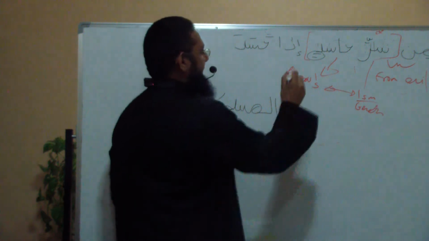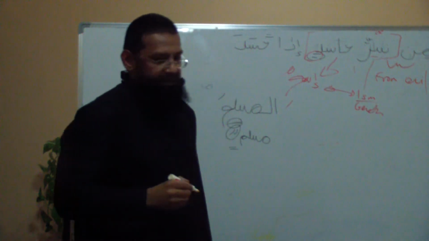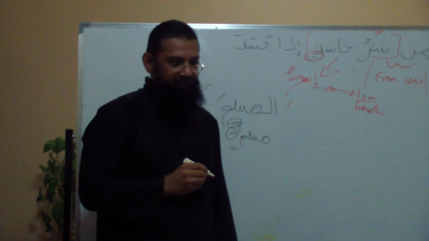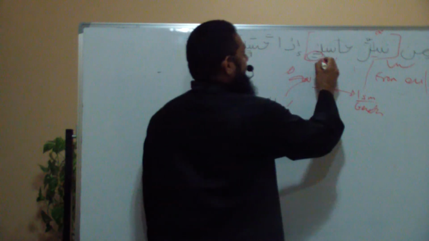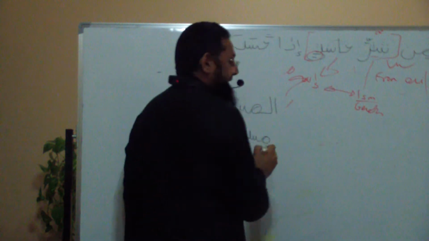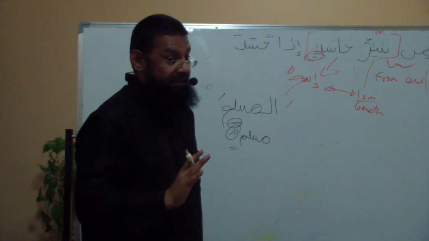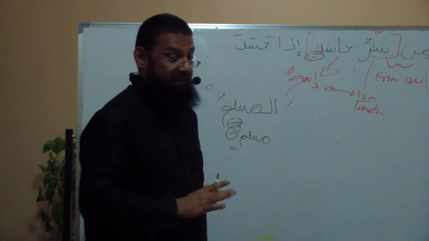So if that's indefinite and this is definite, then obviously it cannot be an adjective. Although the case ending is similar, shar is genitive, hasidin is genitive, the definite article is not the same.